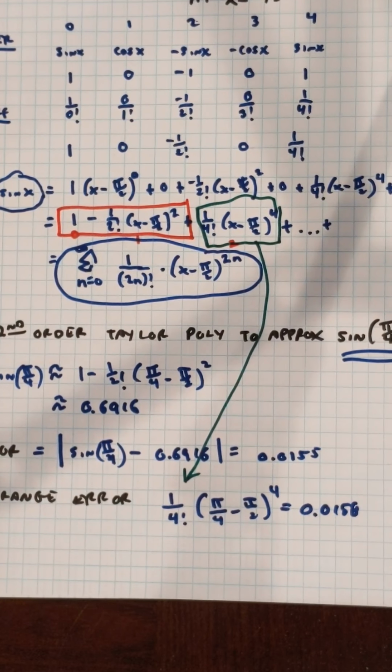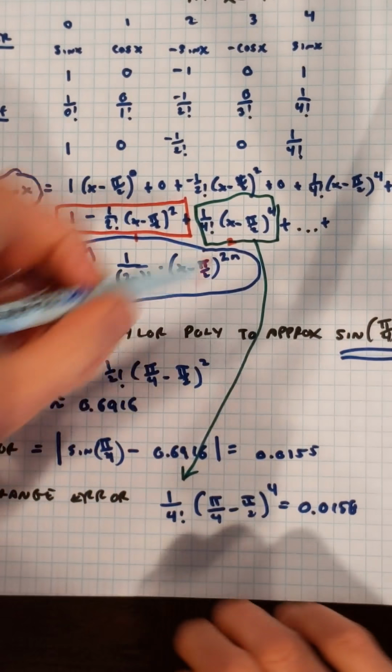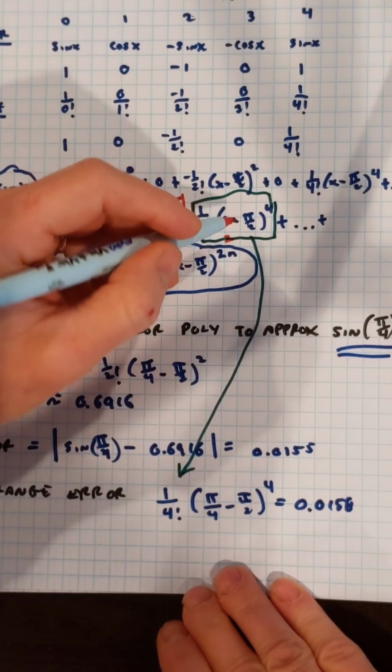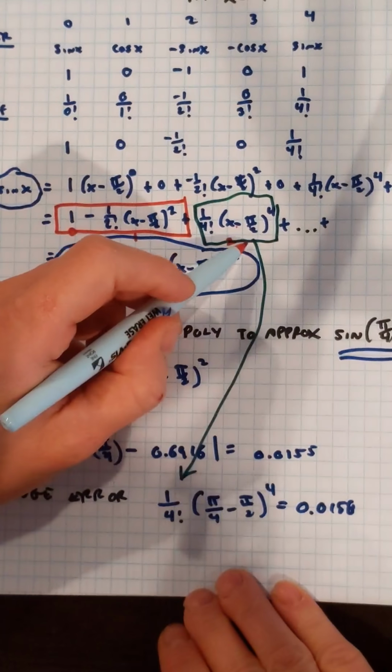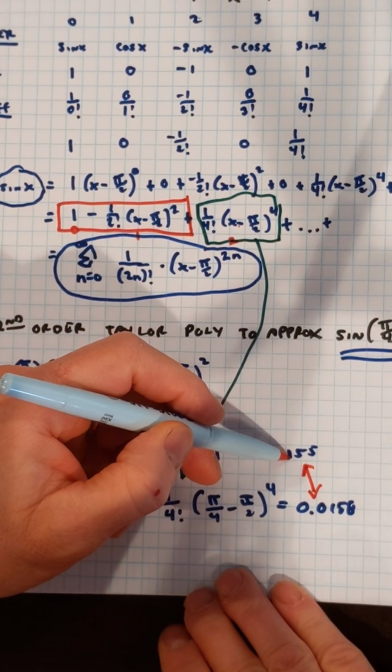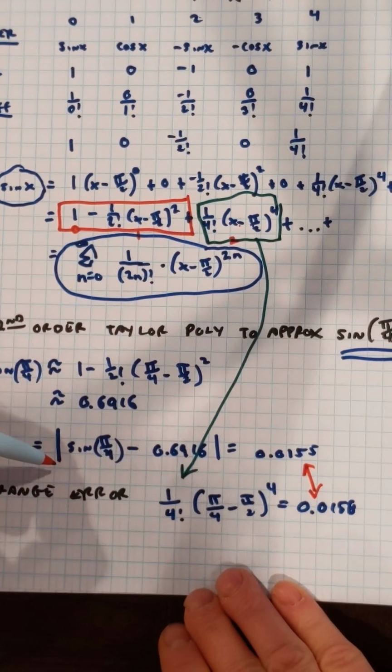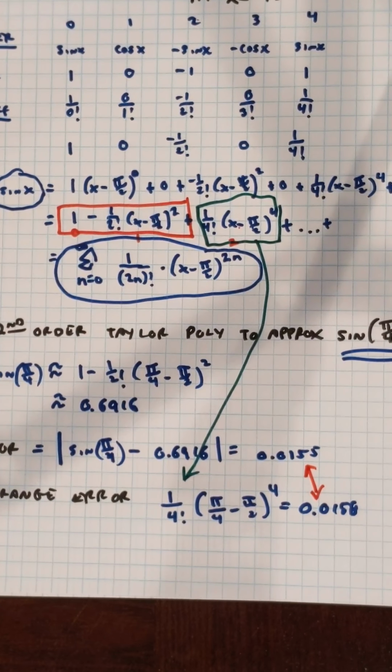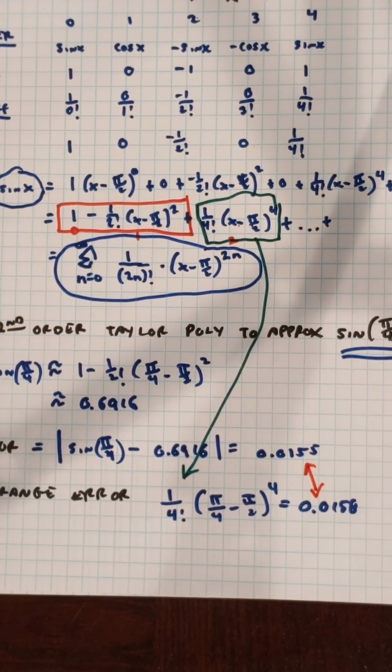Notice again, Lagrange is a heavy hitter. It's the very next term, and the very next term holds most of the error, as you can see. The error only gets slightly smaller when I consider the full error. So we like those Lagrange errors.